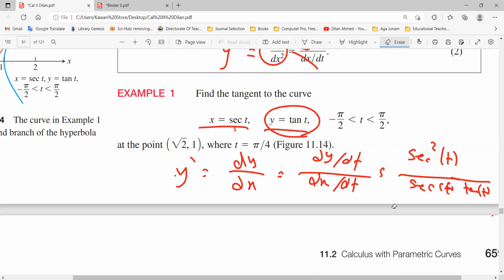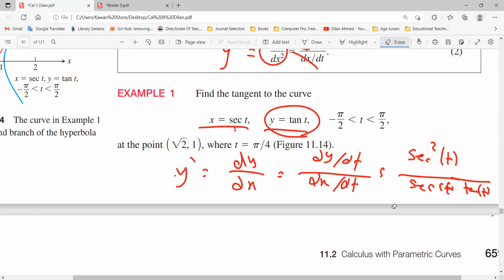Tangent is derivative. Slope is derivative. Velocity in physics is the first derivative. Acceleration is the double derivative, right? Now you know what I mean.